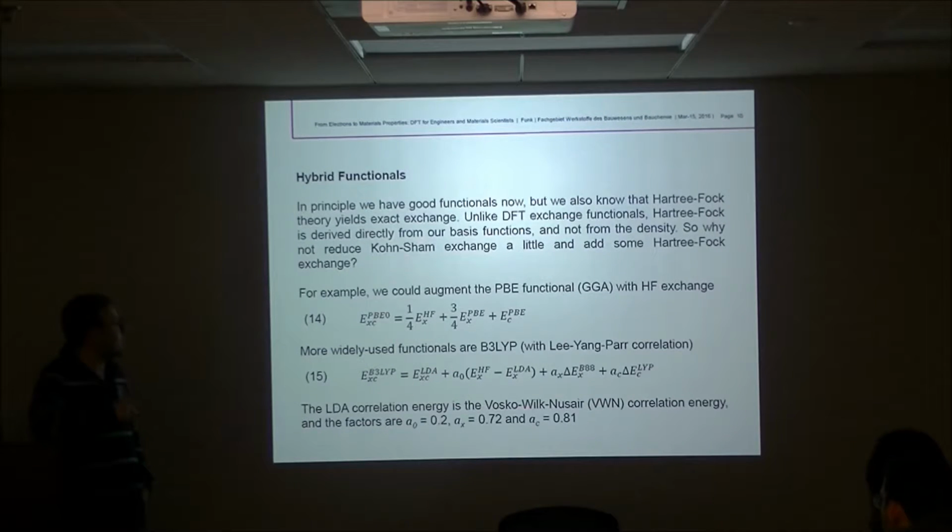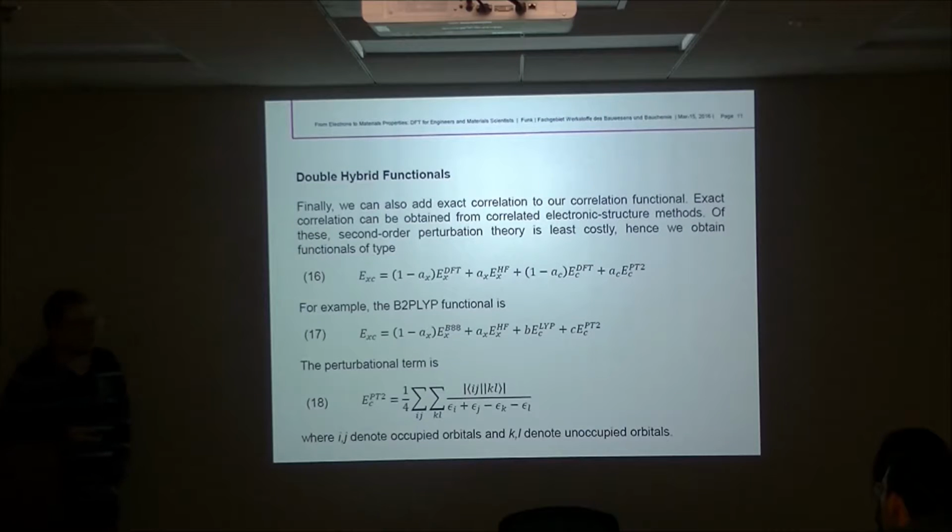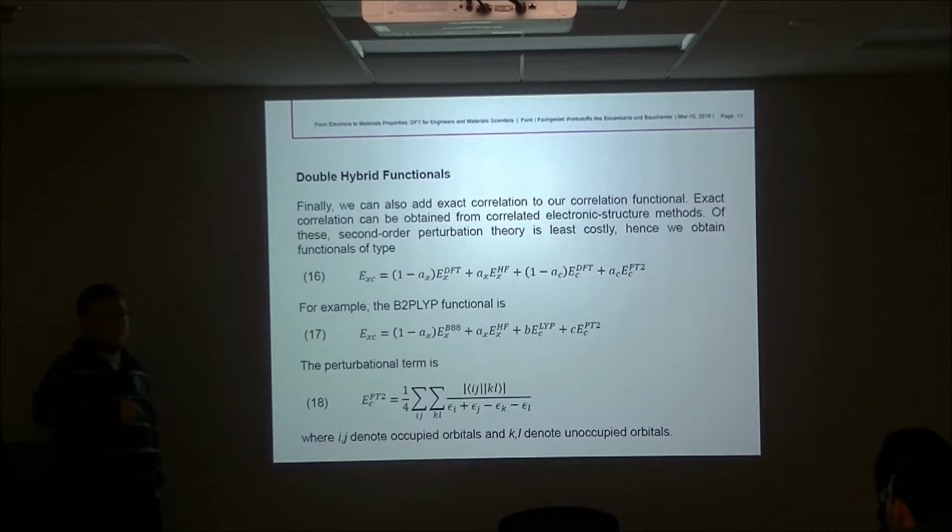So what we get now is some exact exchange. Nice stuff. We can even get exact correlation. So here we need correlated electronic structure methods. Of those, the simplest is second order perturbation theory. Simplest in terms of computer cost.